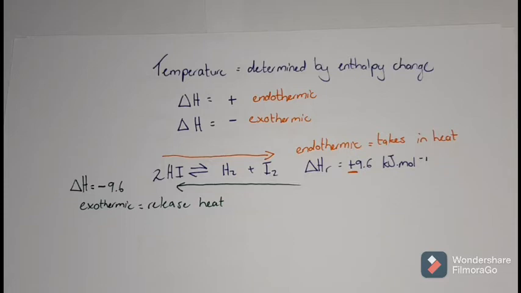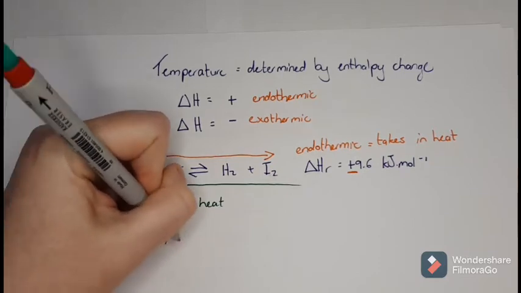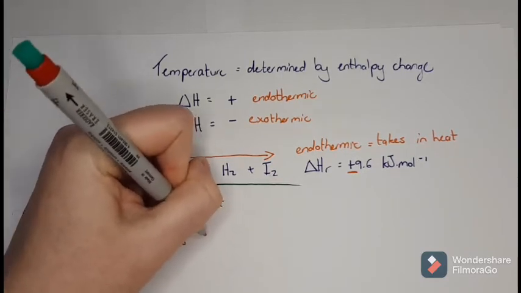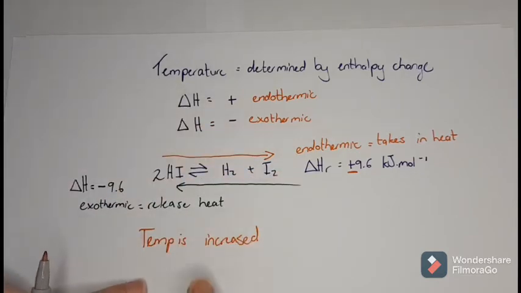It means depending on what I do to the temperature, now I'm going to favor either the endothermic or the exothermic reaction. So if I say temperature is increased, so an increase in temperature means I've made the situation hotter because I've added heat and I've increased the temperature.